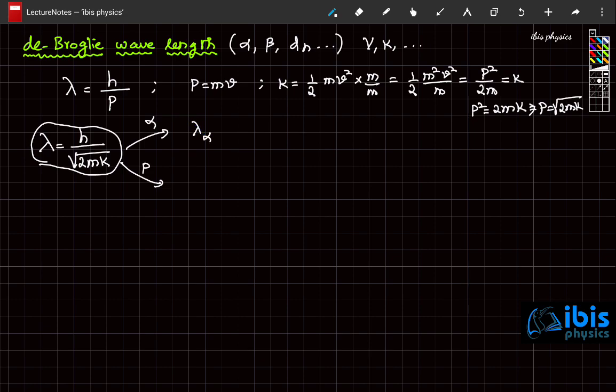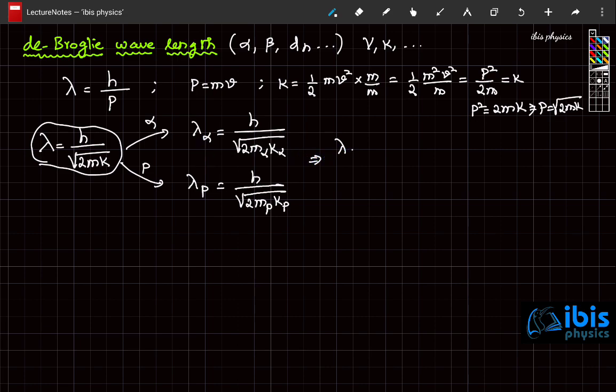The de Broglie wavelength of the alpha particle is h divided by root of 2 into the mass of the alpha particle, into the kinetic energy of the alpha particle. The de Broglie wavelength of the proton is h by root of 2 into the mass of the proton, into the kinetic energy of the proton. Just divide these two equations.